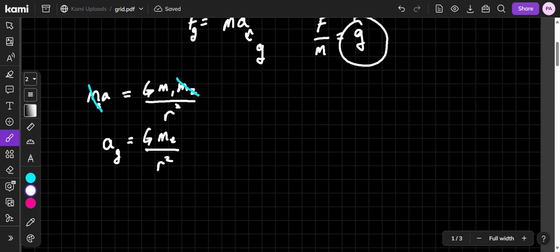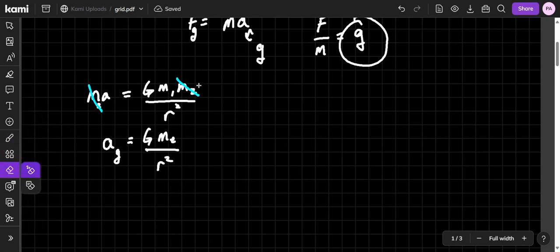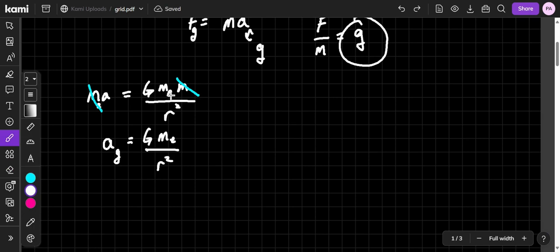You guys follow me here? Question? I just assigned m1 to be the Earth. Wait, that's a good question. Mass of the Earth, mass of the ball, mass of the ball, right? So we cancel out the mass of the ball. We're left with G times mass of the Earth over r squared.